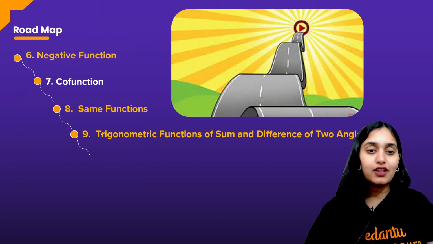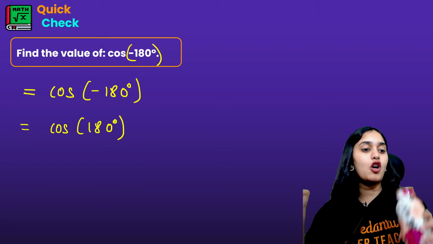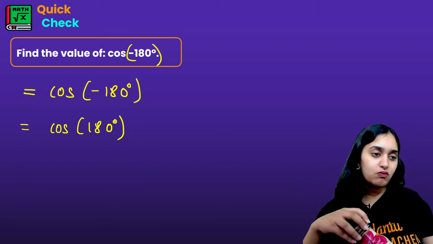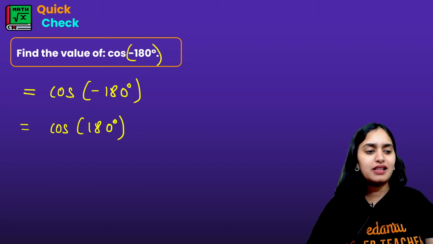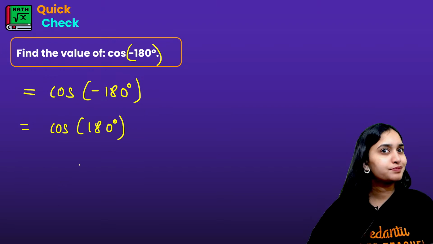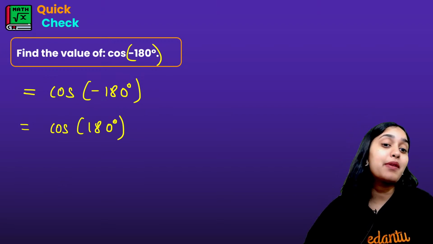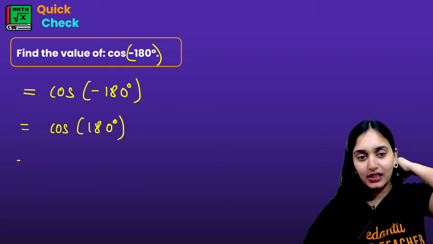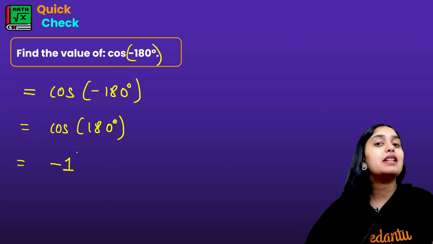And what is the value of cos 180 degree? How much is cos 180? Cos 0 and cos 180, think about it. It's not 0. It is minus 1. So cos 180 degree is minus 1.